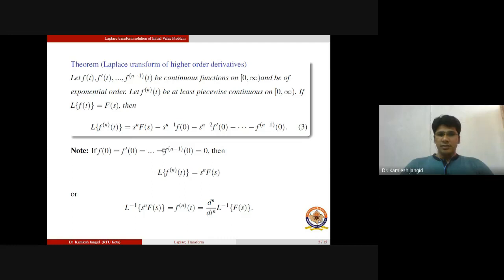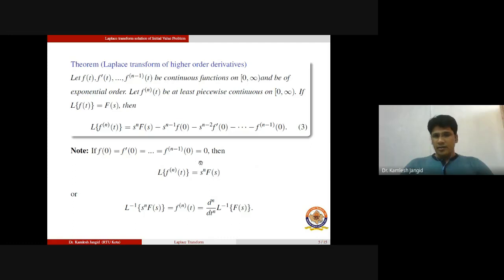Special case: if the function value and its derivative values at 0 equal 0, then the Laplace transform of the nth derivative equals s^n times the Laplace transform of f, right? So this is the Laplace transform of the nth derivative of the function when the values of the function and its derivatives at the initial point 0 are 0.